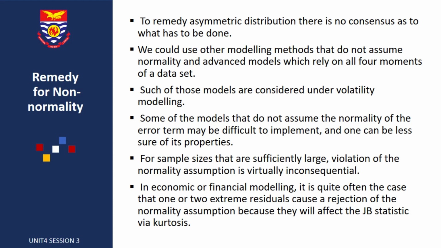In economic or financial modeling, it is quite often the case that one or two extreme residuals cause a rejection of the normality assumption, because they affect the JB statistic via kurtosis. If this is the case, one way to improve the chance of normality of the errors is to tidy up the data by effectively removing those observations.